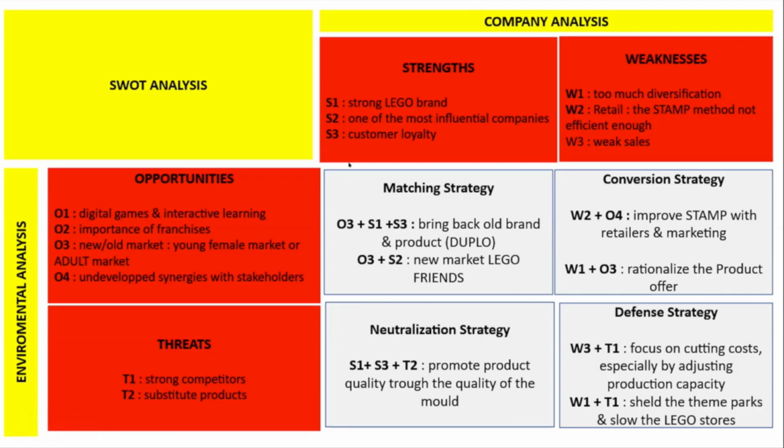For strength, we could identify that Lego has a very strong brand. The second one is that it is the most influential company on the toy market, and then since 1932, it has a very high customer loyalty.